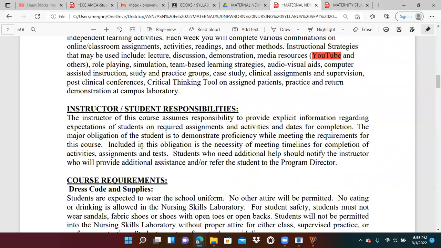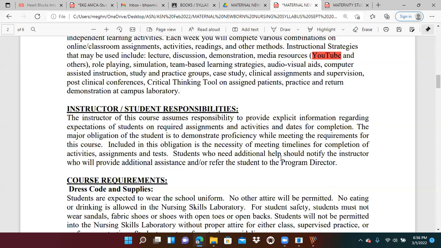These obligations include necessary timelines for completion of activities, assignments, and tests. Students who need additional help, don't hesitate to contact us.